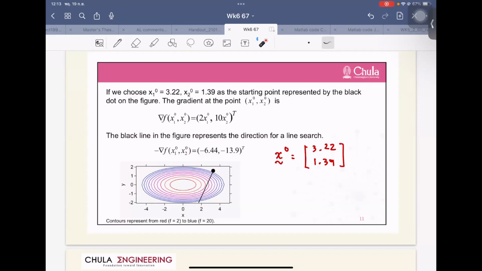The negative gradient is the steepest direction. Now we can prove that. I don't show you the proof, but I have it in the supplementary video for your reference. Here we're going to talk about the procedure to save our time.